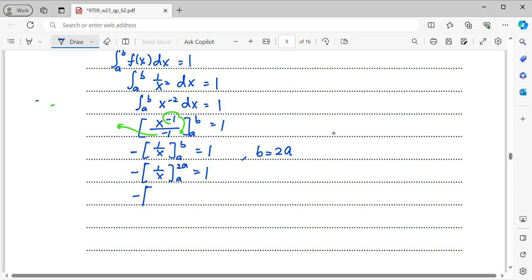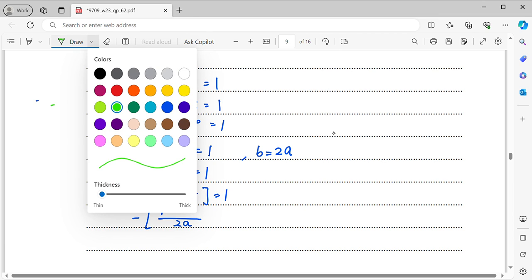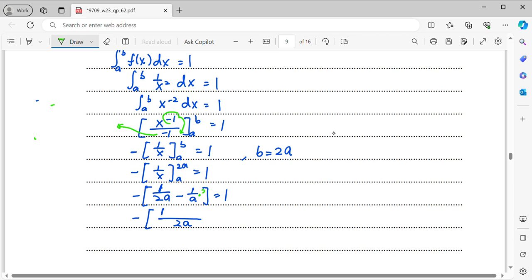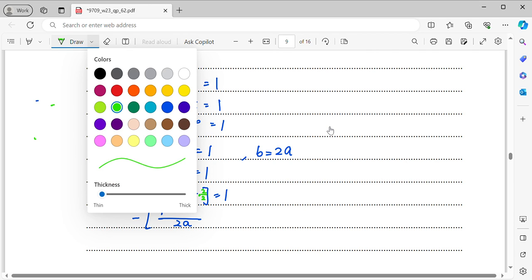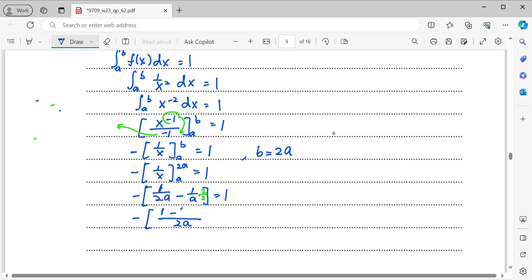It will be negative 1 over 2a minus 1 over a. Now get the same denominator for the terms inside the square bracket. I will be getting over 2a. The first one, just copy. The second term to get over 2a, basically I times 2, then divide by 2. So therefore, you will be getting 2a in the numerator.